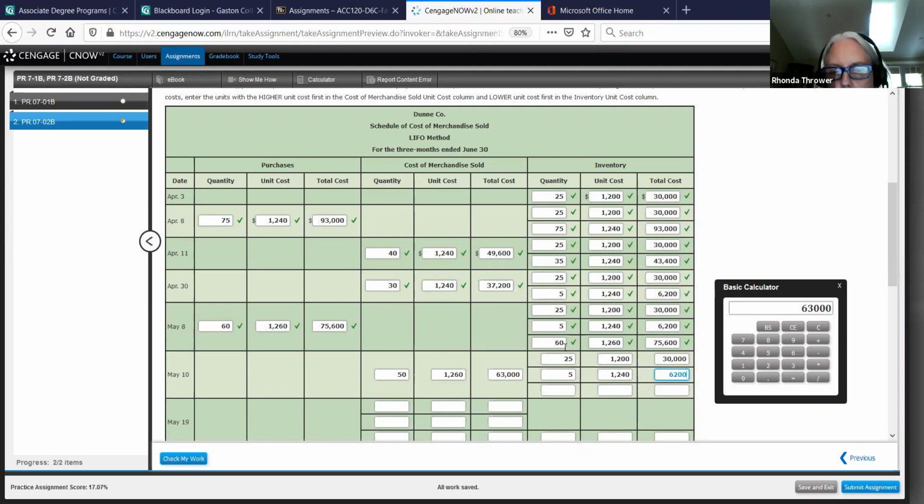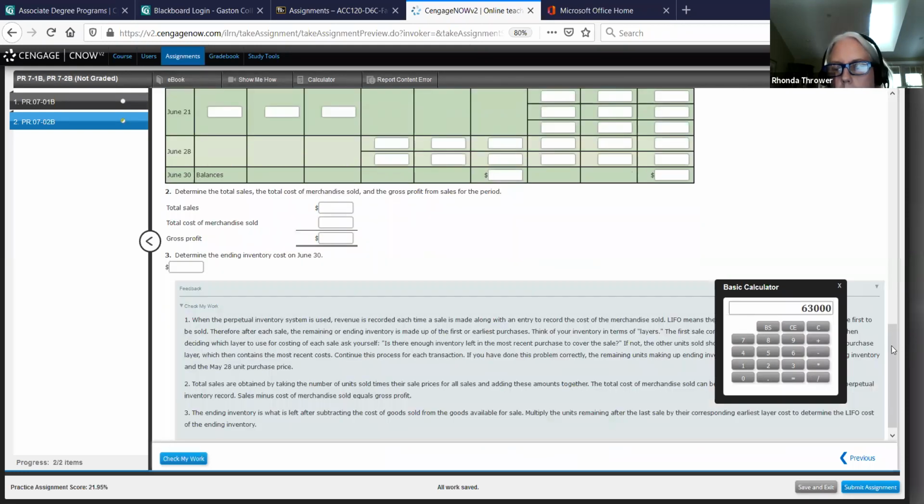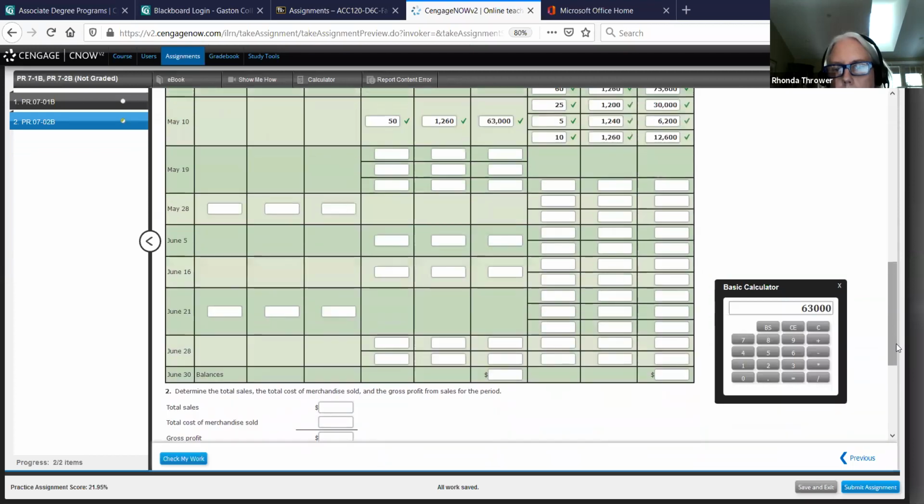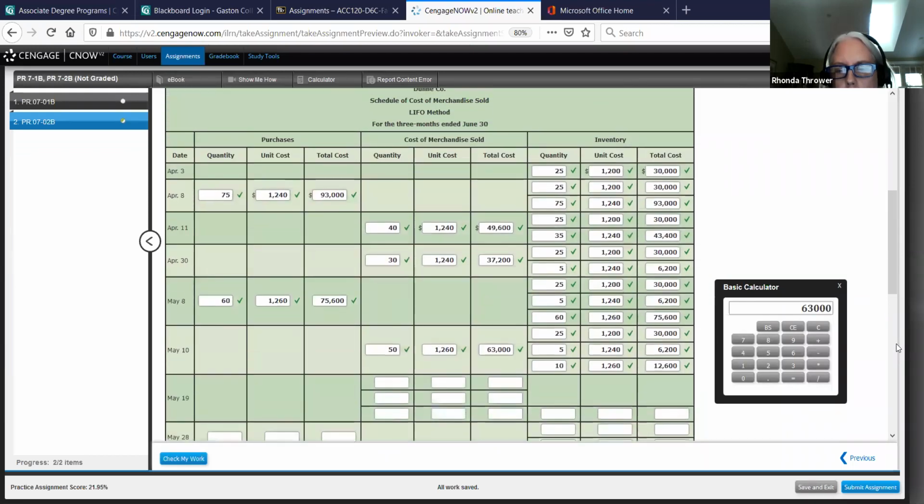And then you sold 50 of the 60 units, so you only have 10 units left at $1,260. And 10 times 1,260 is 12,600. And I'm going to check my work just to make sure my math is okay. And we're okay in that transaction.